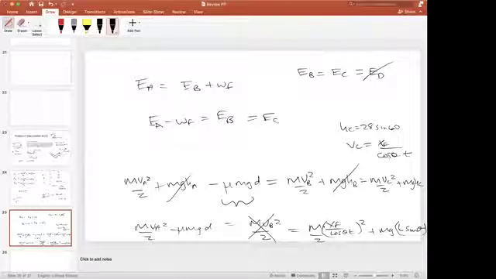I don't know if I asked anything else on there. I'm sure that whatever else I asked wasn't hard. It was either using projectile motion or just asking what is VB and then asking what is VA or what is the work of friction. Generally in the problems, I try to break them up into steps so that you can follow the steps, and it kind of tells you what to do next if you were lost and didn't know.